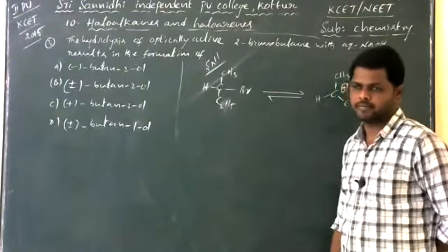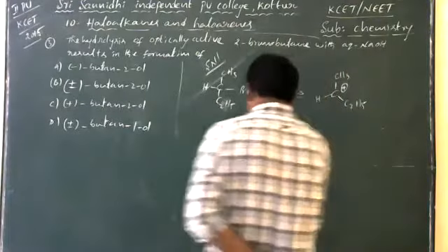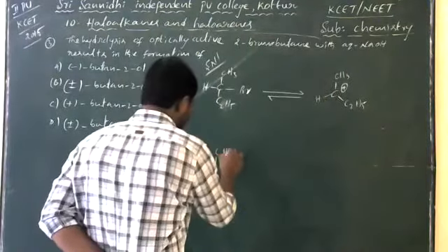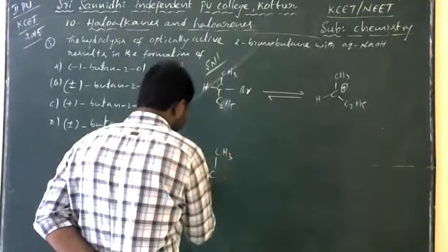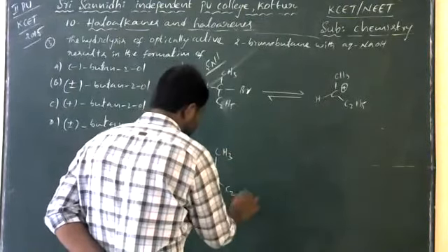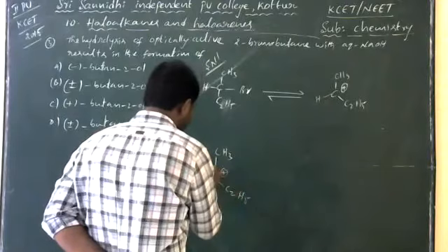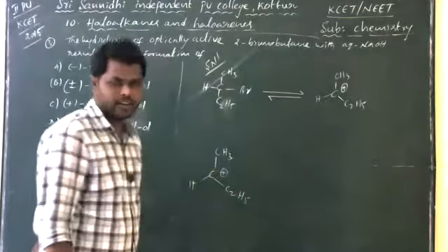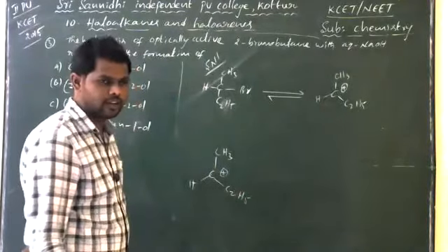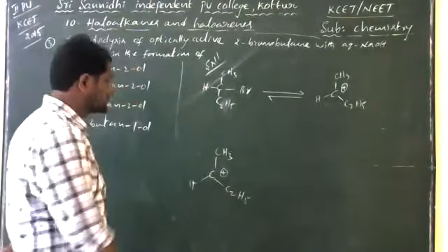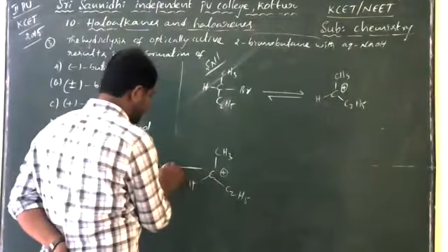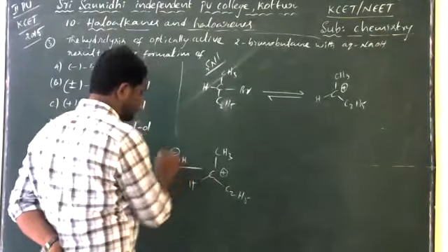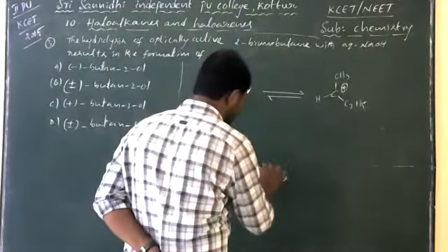The carbocation has a trigonal planar geometry and sp2 configuration, as I told already. So now the nucleophile can attack at either side of the carbocation.